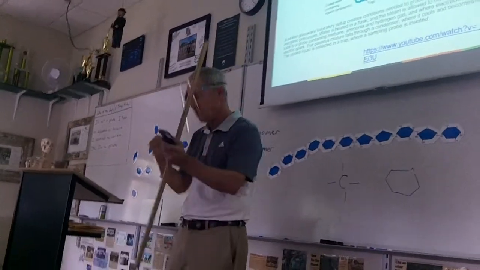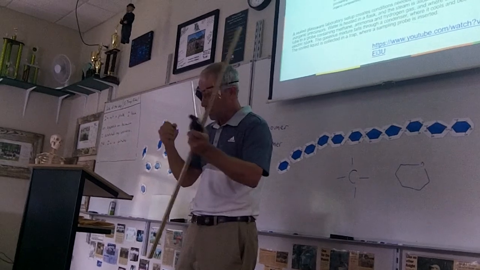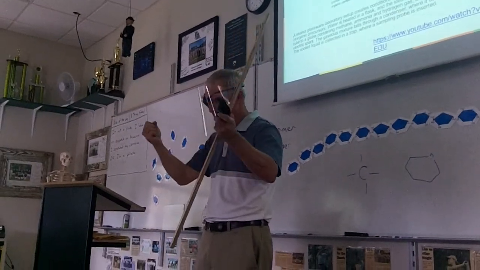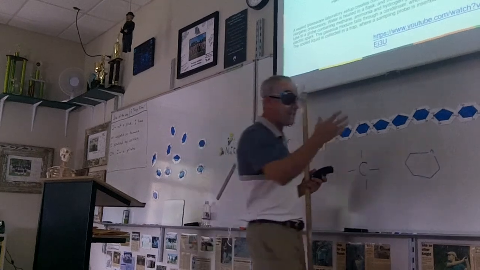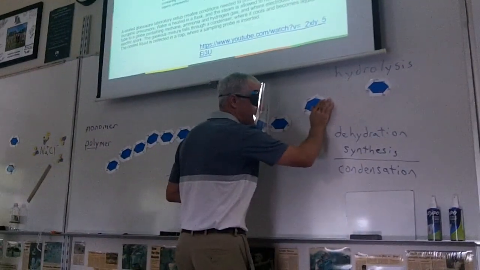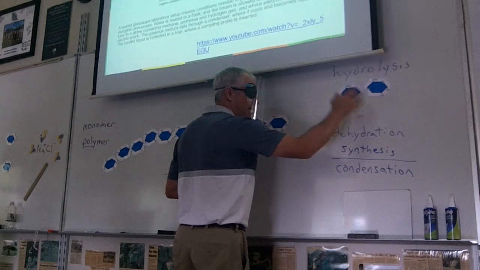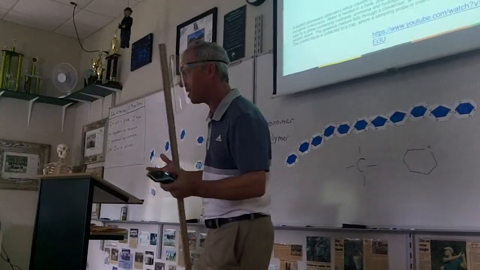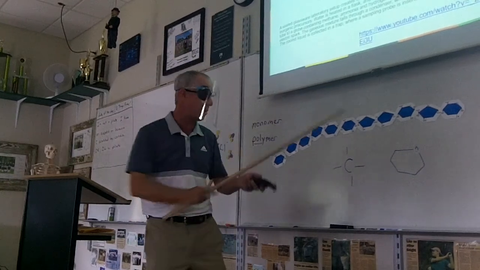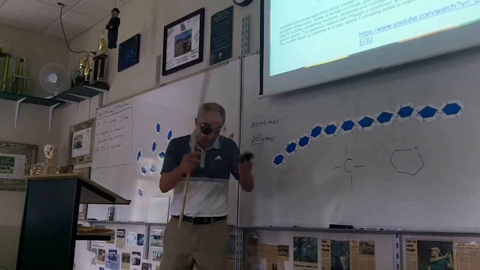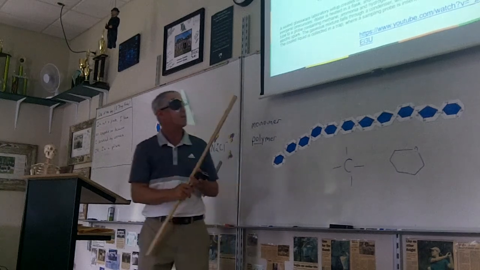And lo and behold, after just running into one another, see, molecules, when they run into one another, they often stick by dehydration synthesis type reactions. If they hit each other hard enough, they'll stick and form something more complicated. In just a few hours of doing an experiment like this, you start to build up complicated organic molecules on the walls of the container.